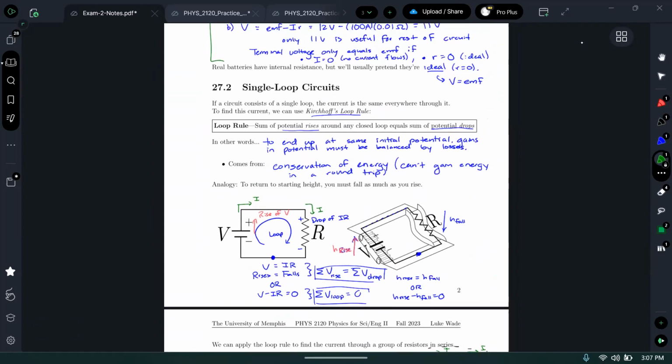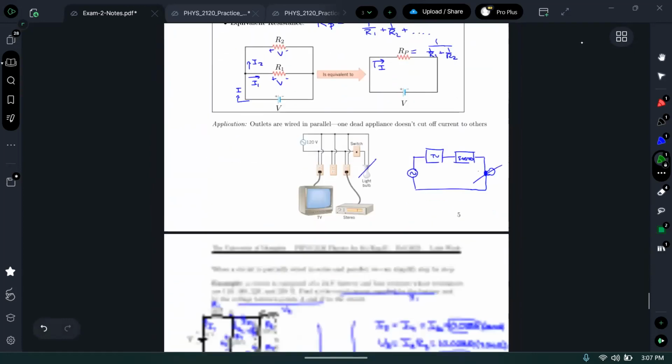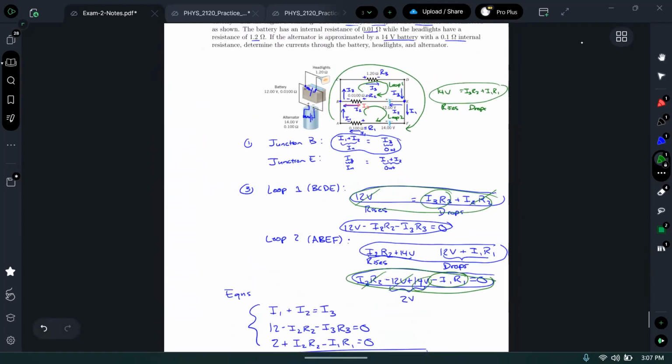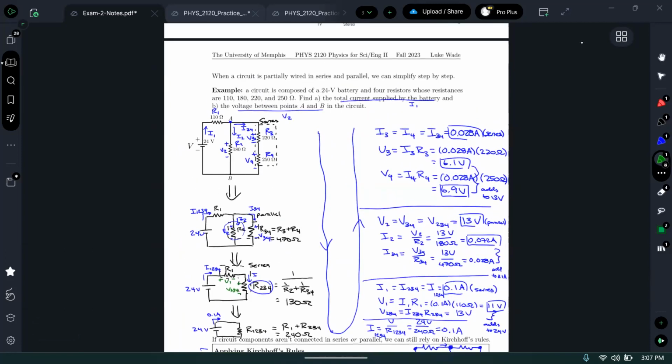Okay, the loop rule and junction rule are mostly important in the sense of solving problems like this one a little bit later, down here. When you apply the loop and junction rules to solve a problem like this, the type of questions you'd see are things like resistors in series and parallel, a question about a circuit sort of like this one that asks for a particular voltage or a particular current.